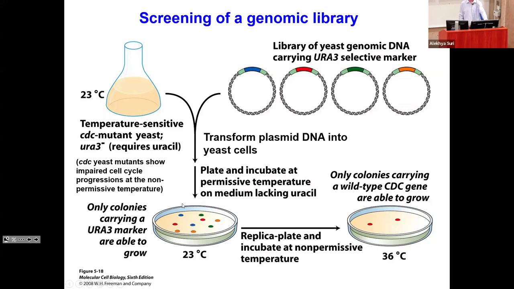So here on the left side, you have the temperature sensitive yeast mutant. And on the right side, you have the collection of this plasmid DNA.